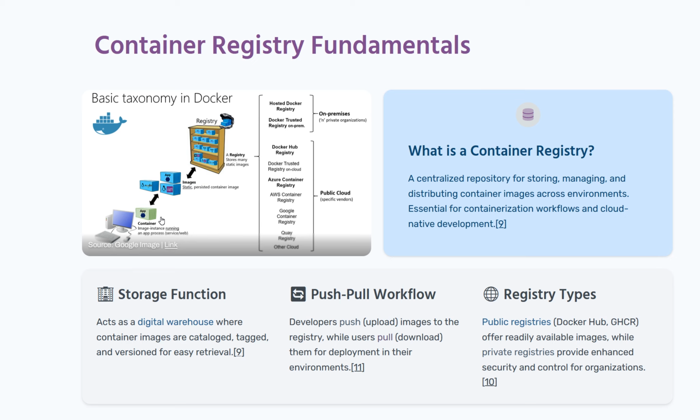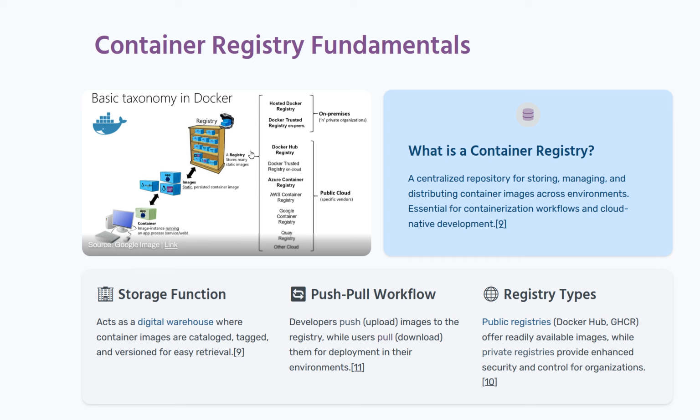And then this is app container images running, an app process, a service web in the computer, right? So a hosted Docker registry, Docker trusted registry on premises, so you can keep them in a private container registry.